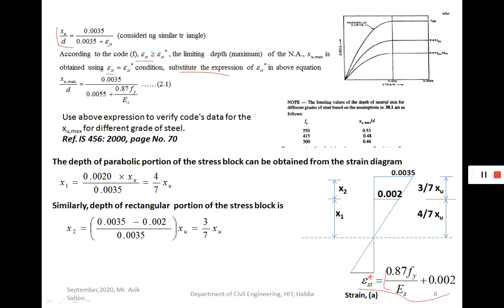So epsilon st we know, that is 0.87 fy by Es plus 0.002. From the similar triangle we get this expression. Now put the epsilon st star value in this expression, and we get 0.0035 by 0.0035 plus 0.87 fy by Es plus 0.002.